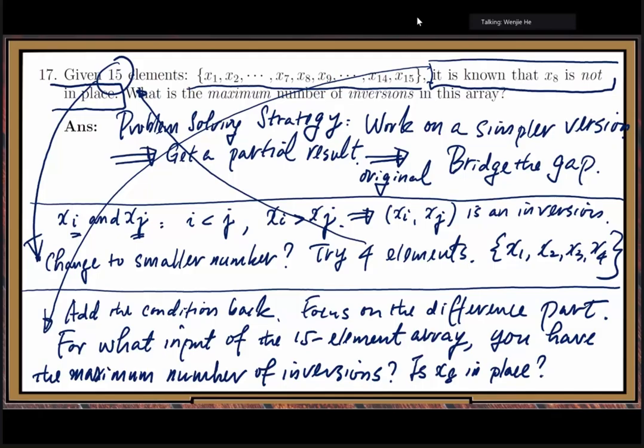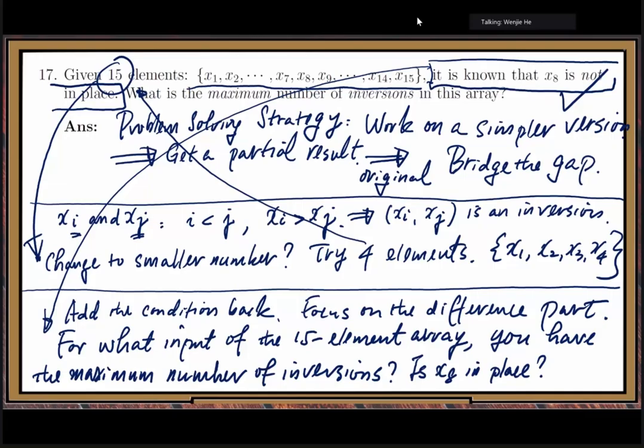If x8 is not in place, then your current result already satisfies the given condition. Then that's your answer. There are two cases: the in place case and the not in place case.